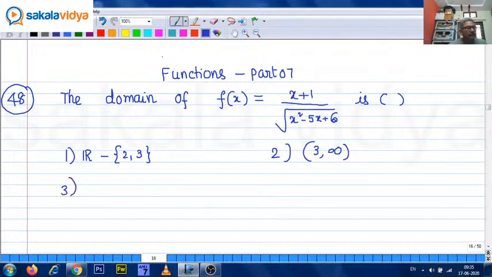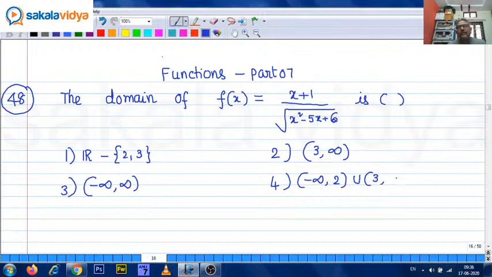Third option: minus infinity to infinity, that means the real number system. Fourth option is minus infinity to 2, open, union, open 3 to infinity. This is the question.